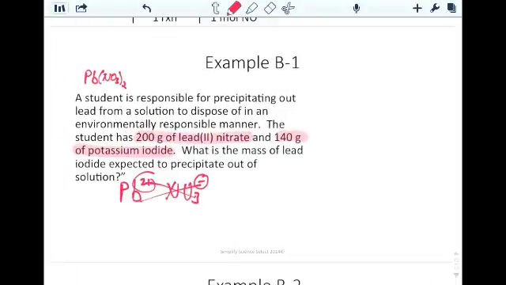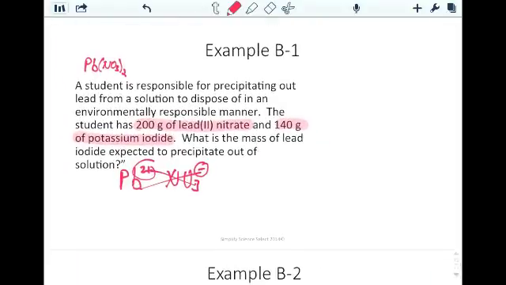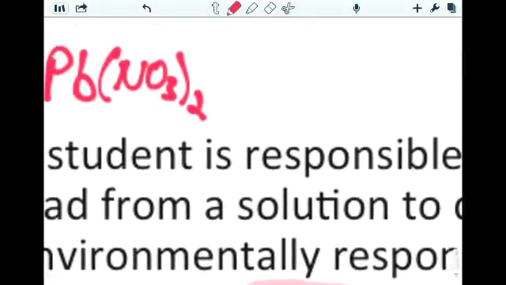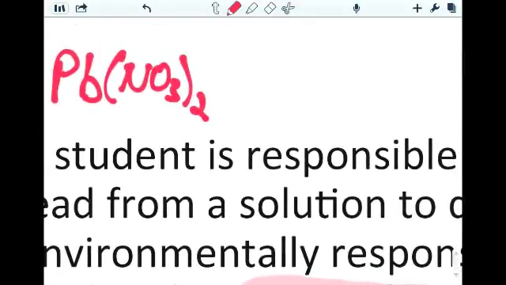Our next reactant that we have is 140 grams of potassium iodide. So it's just potassium, which is a positive 1 charge, iodine, negative 1 charge, and we crisscross and we get KI. So that's our other reactant, plus our potassium iodide.